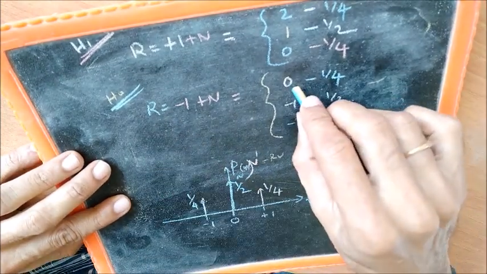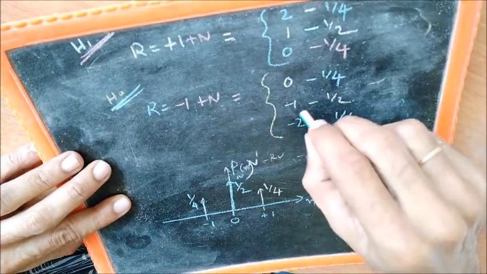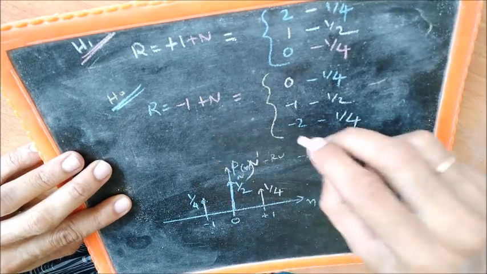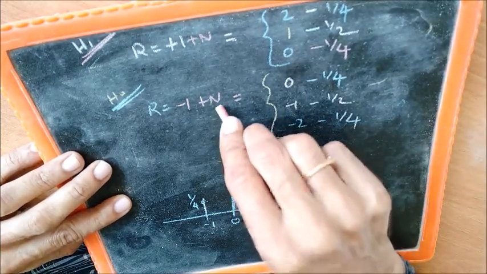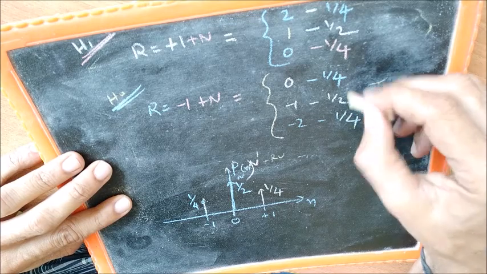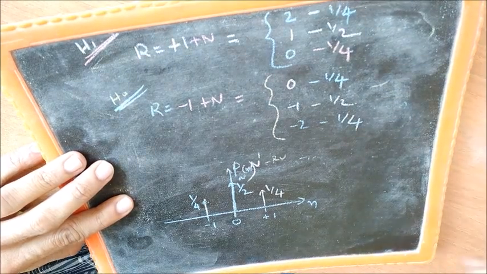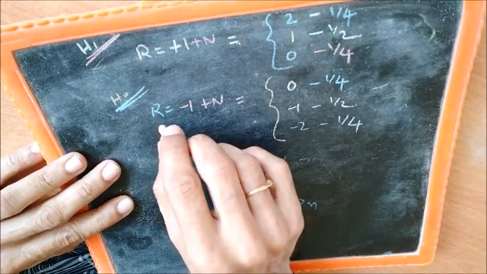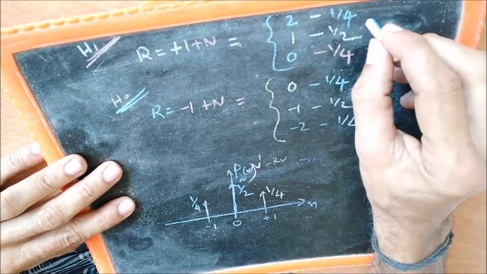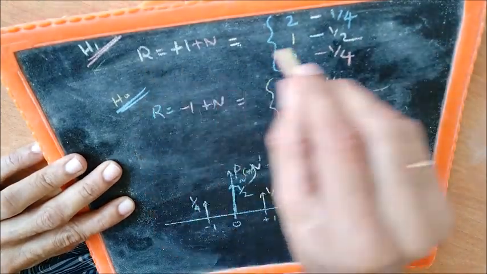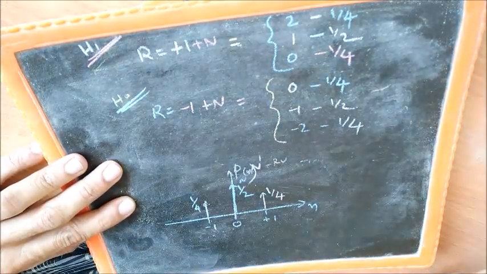R takes 0 whenever N is +1, R takes -1 when N is 0, R takes a value of -2 when N is -1, and the corresponding probability is this. So we now have effectively the conditional probability of R given H1 is true, and the conditional probability of R given H0 is true.